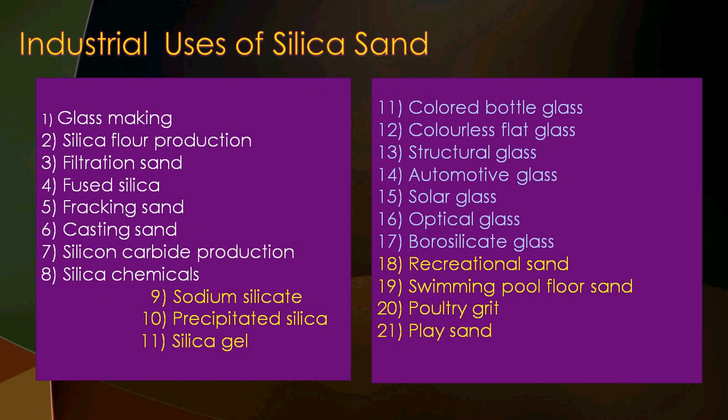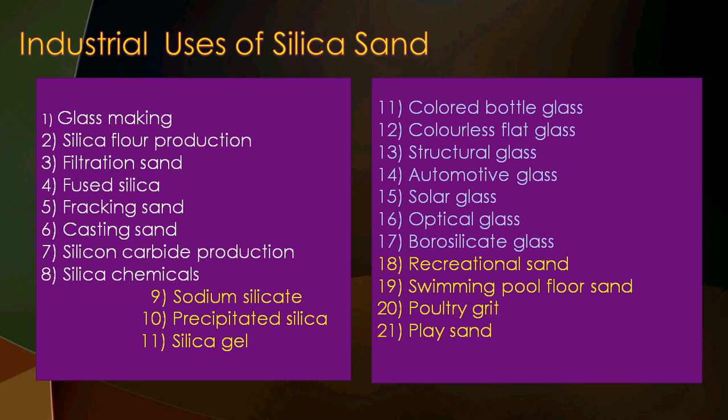Industrial uses of silica sand, there are many industrial uses. We will discuss the important ones. Glass making is the biggest industry of silica sand. There are several different kinds of glass, low quality, high quality, very high quality. Silica flour production. Silica flour is a silica powder. Filtration sand used for the filtration of drinking water and sewage water.